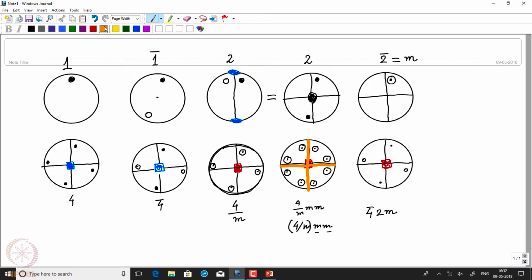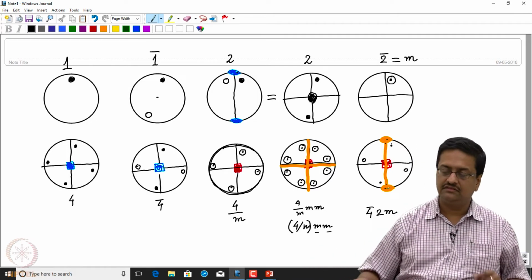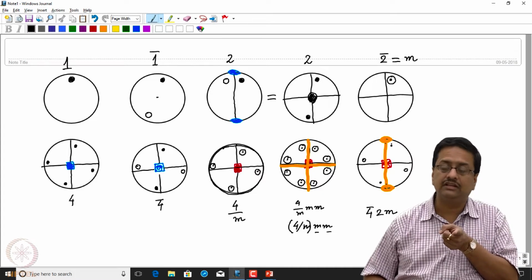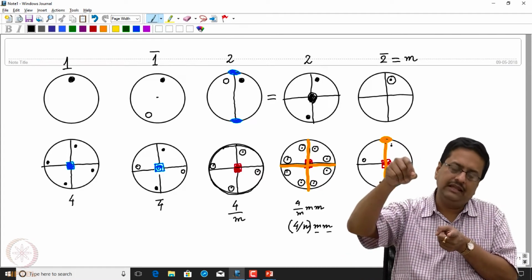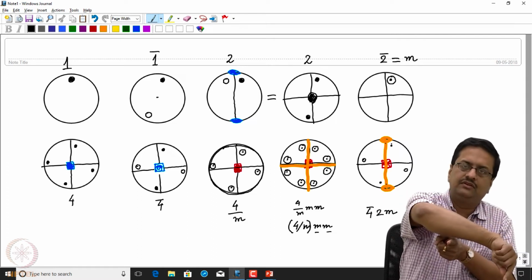So if I assume that 2 is along this direction, which is here, what I end up getting is this twofold which we are thinking is along the equatorial plane, and the point above the plane on application of this twofold goes below the plane.